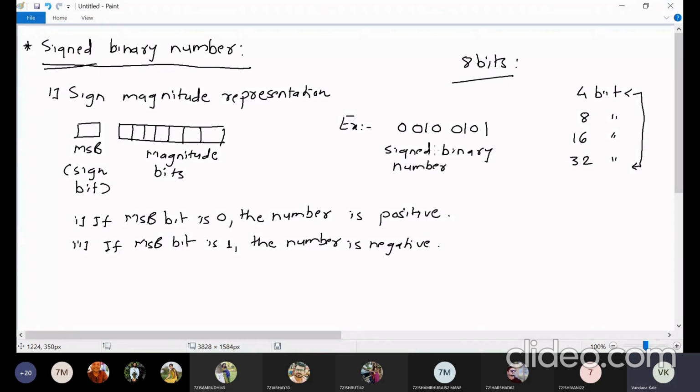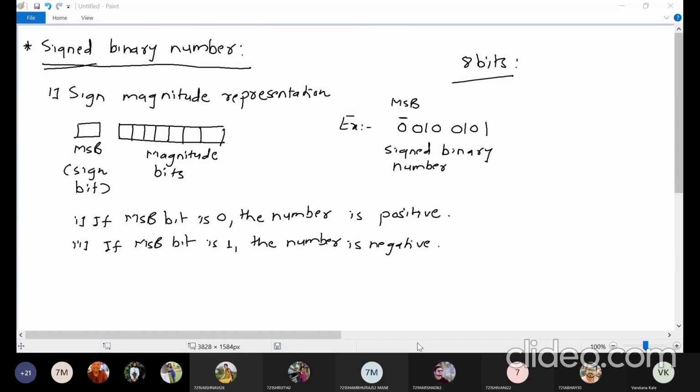When I say the number is a signed binary number, it means its MSB bit represents the sign bit. Here it is 0, so the first thing is that the number is a positive number.